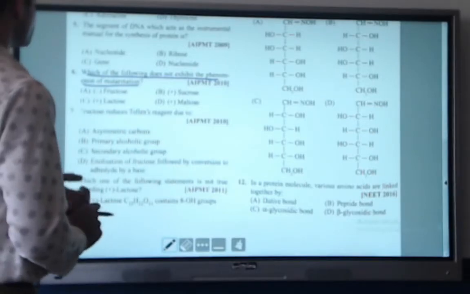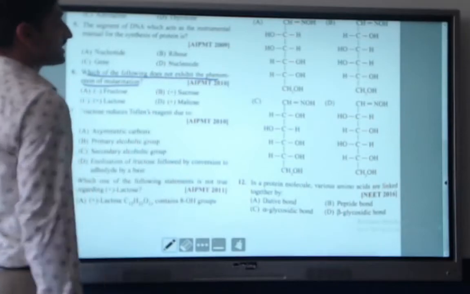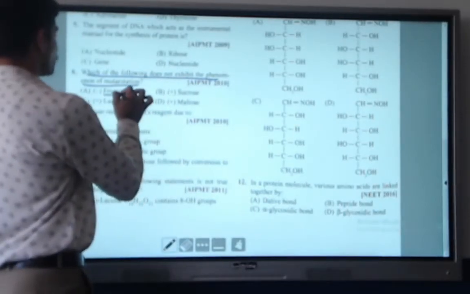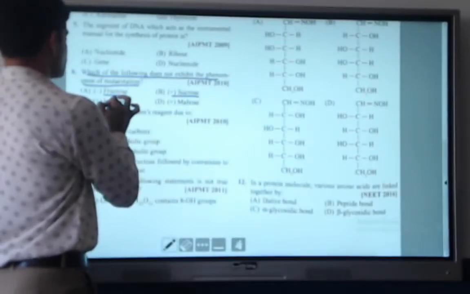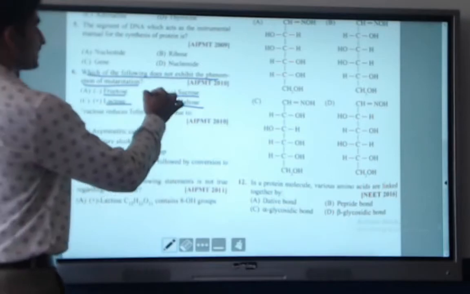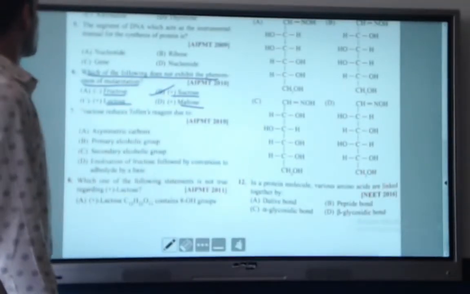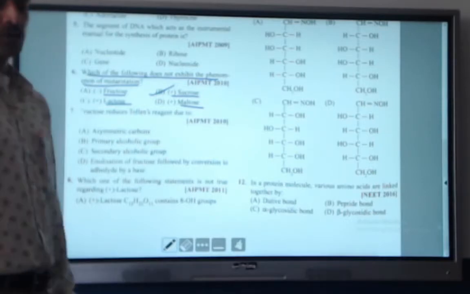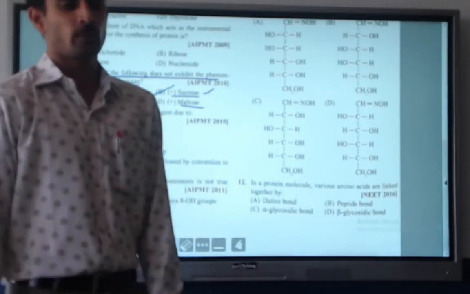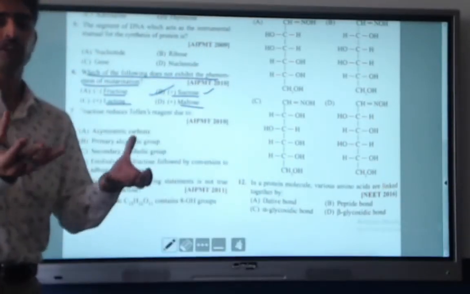Now, which of the following does not exhibit the phenomenon of mutarotation? Fructose, sucrose, lactose and maltose. Out of these, in sucrose we cannot observe the mutarotation process, because the hemiacetal group present in it won't be available in free form.